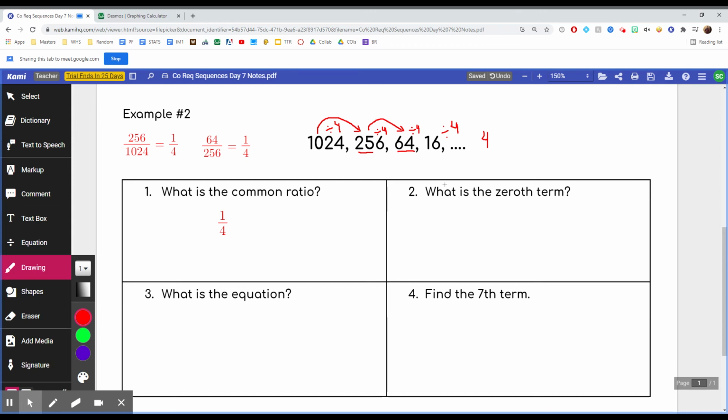Okay, now to find the zero term, I need to do the opposite of what I was doing. So the opposite of dividing by 4 is multiplying by 4.